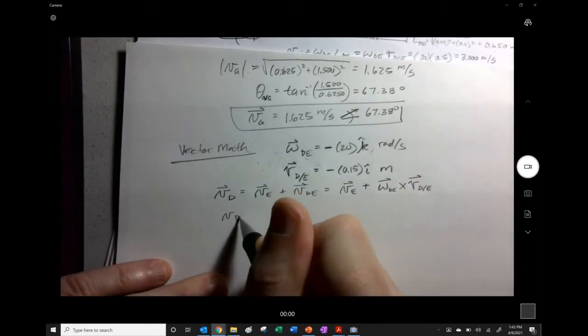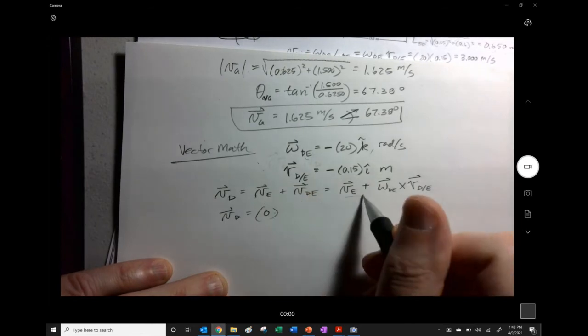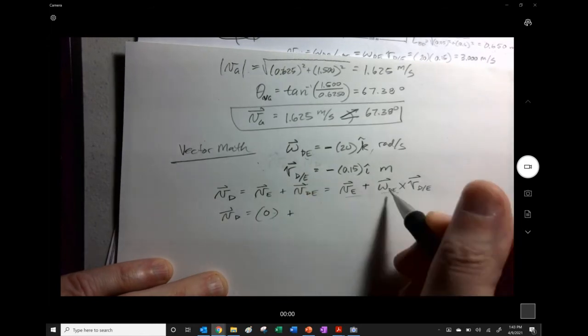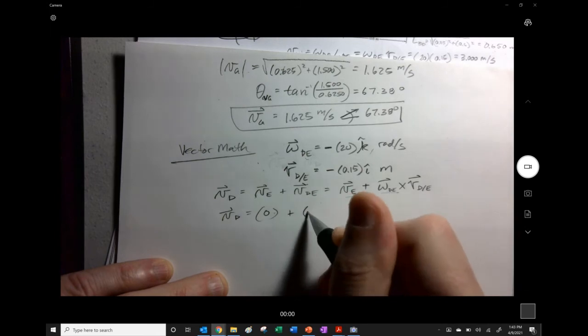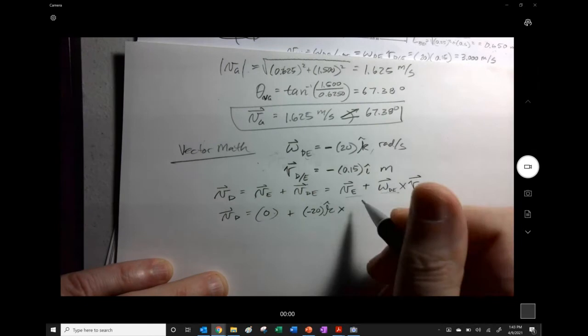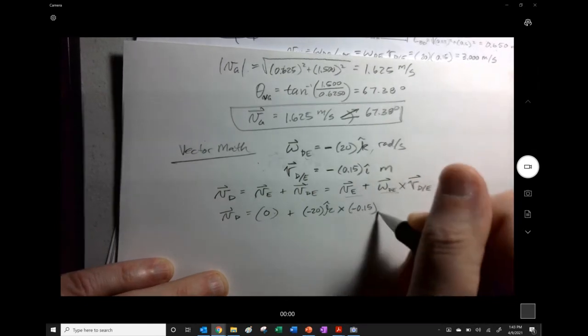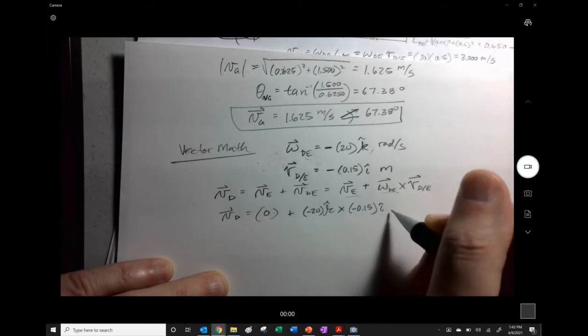So we know this is 0 right here. And so we take our negative 20 K and cross it with our negative 0.15 i.